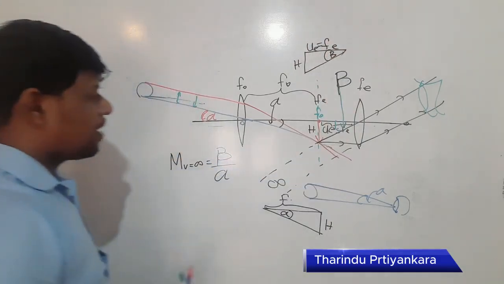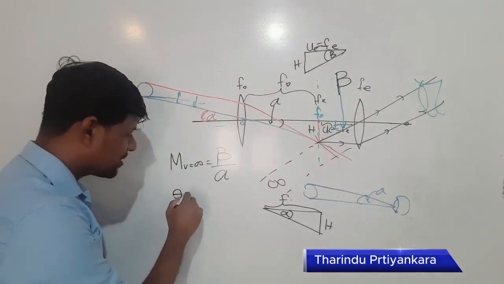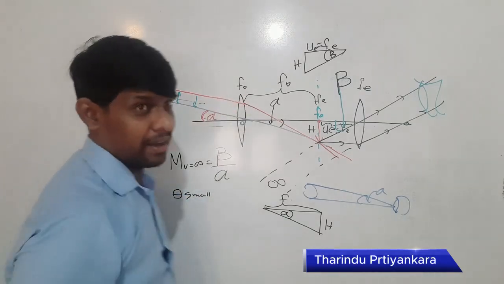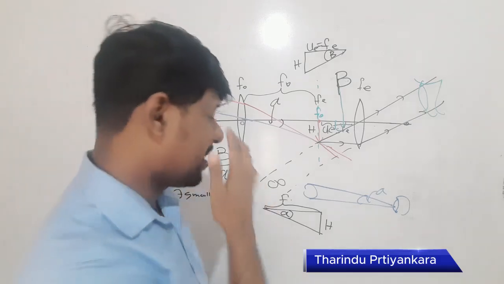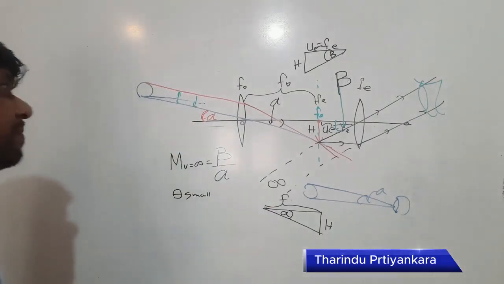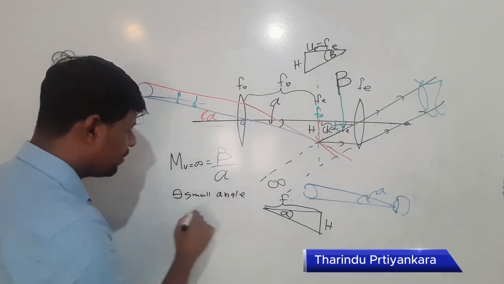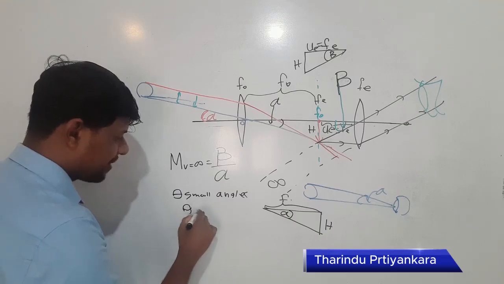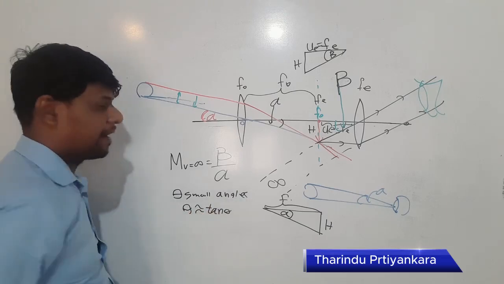Okay. Now I want to get two equations. Since the angles are very small, we draw bigger angles, but in the real case they are very small angles, minute type of small angles. For convenience, we draw bigger angles. We know one thing, theta in radians is nearly equal to tan of theta, right?